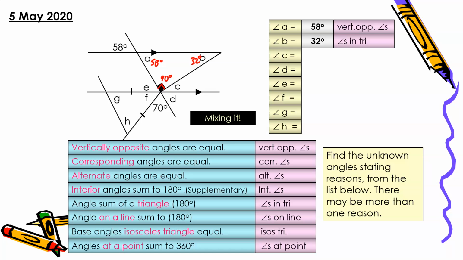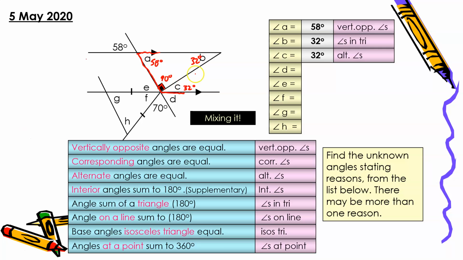Right, looking at C, again we've got 90 and C plus 58 should add up to 180 because that makes a C or a co-interior angle. So if we do that calculation, we end up with 32.